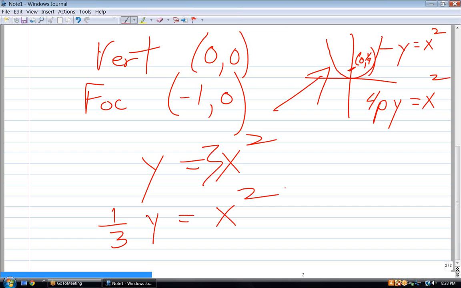And now what is p going to be? 4p is 1/3. So p is 1/12. Yes.